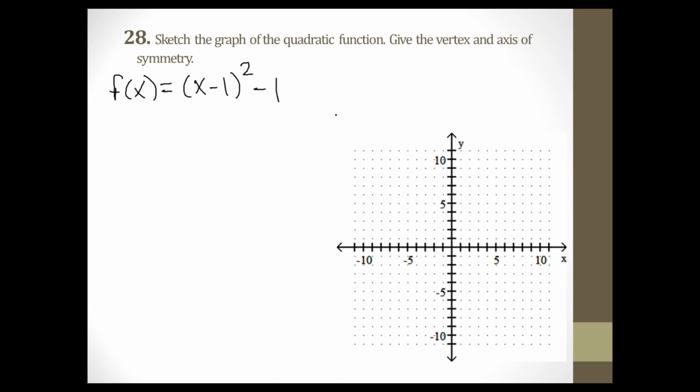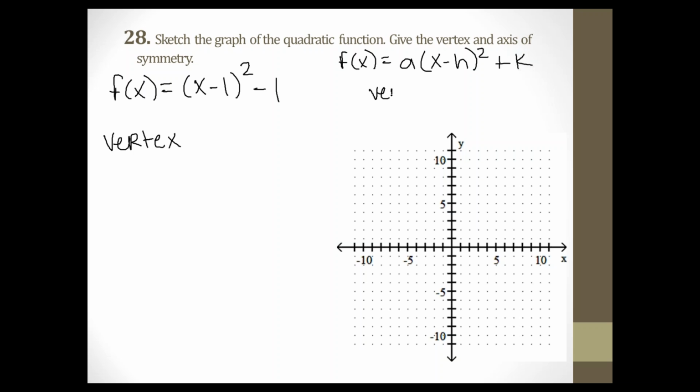All right, so this is actually in vertex form. So vertex form, to get the vertex, we want to take this value. Do they use H and K in the book? I don't recall the actual letters we use in the book, but let me tell you. f of x equals a times x minus h squared plus k.